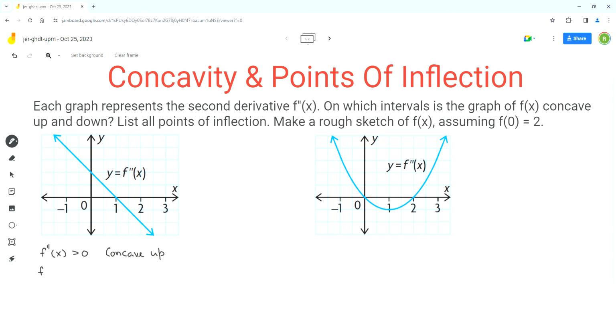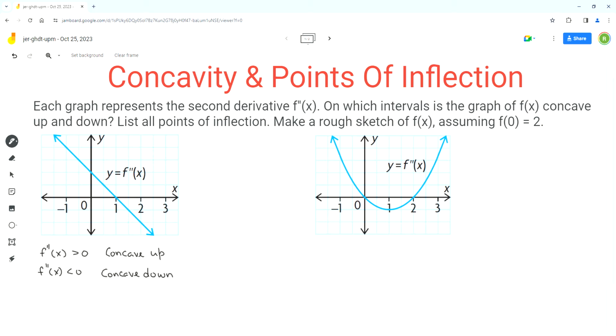And if the second derivative of f of x is less than 0 in an interval, that means the graph is concave down in that interval.